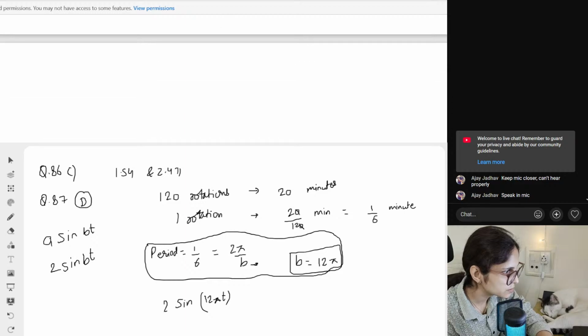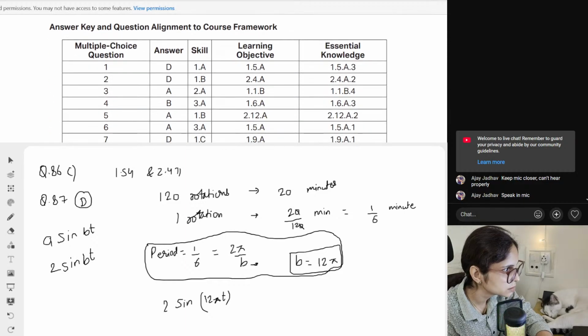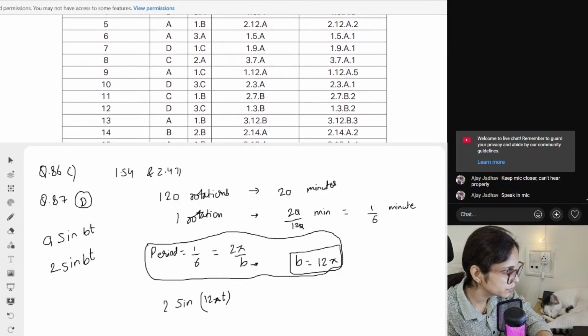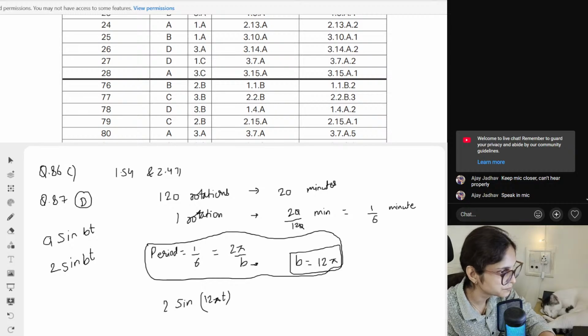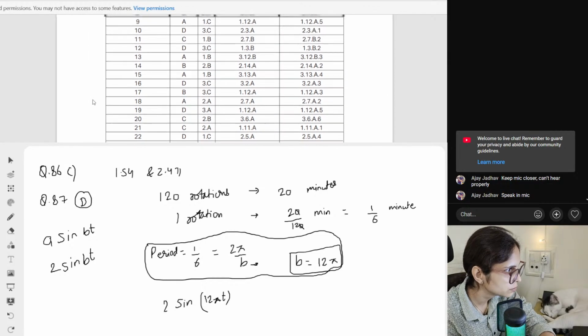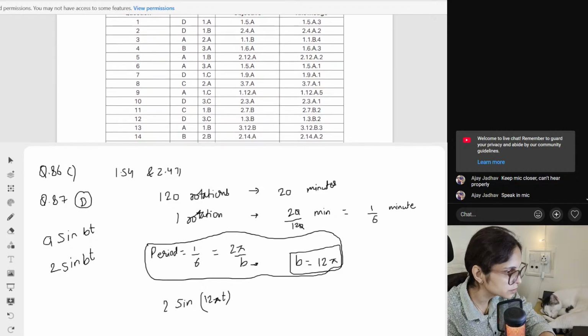You can check your answers, and the answers are also given for the first section and for the second section. So now I will show it to you so that you can check the answers. You're able to see from 1 to 14.